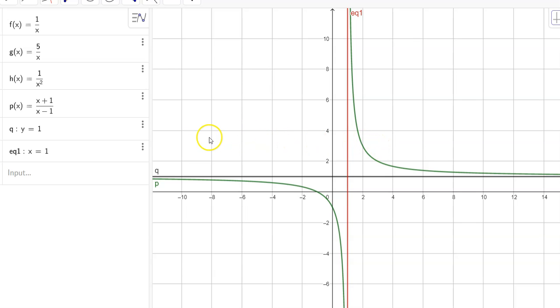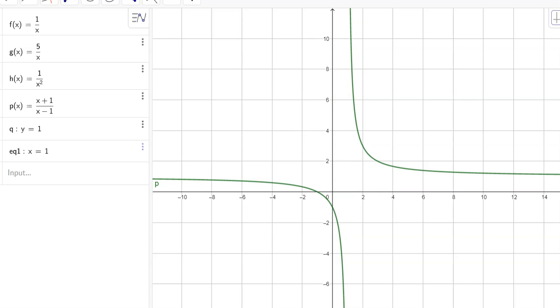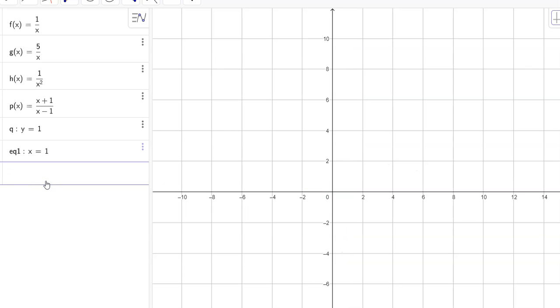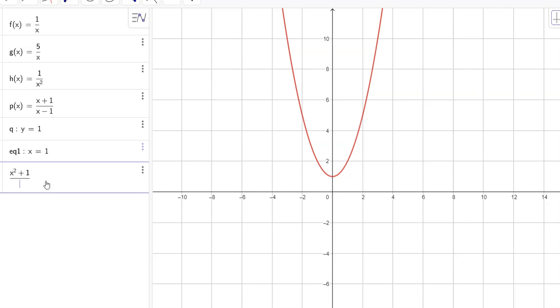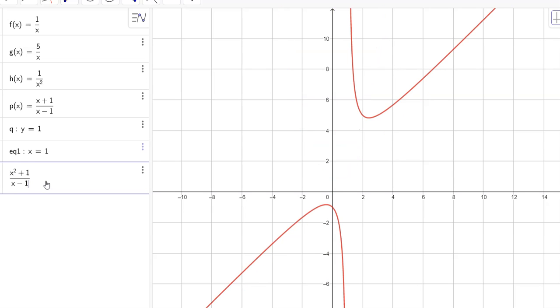And then we can also have cases of oblique asymptotes, so straight lines that are neither horizontal nor vertical. So for example, if we take away these and instead draw the following function, x squared plus 1 divided by x minus 1. Then we have this function.